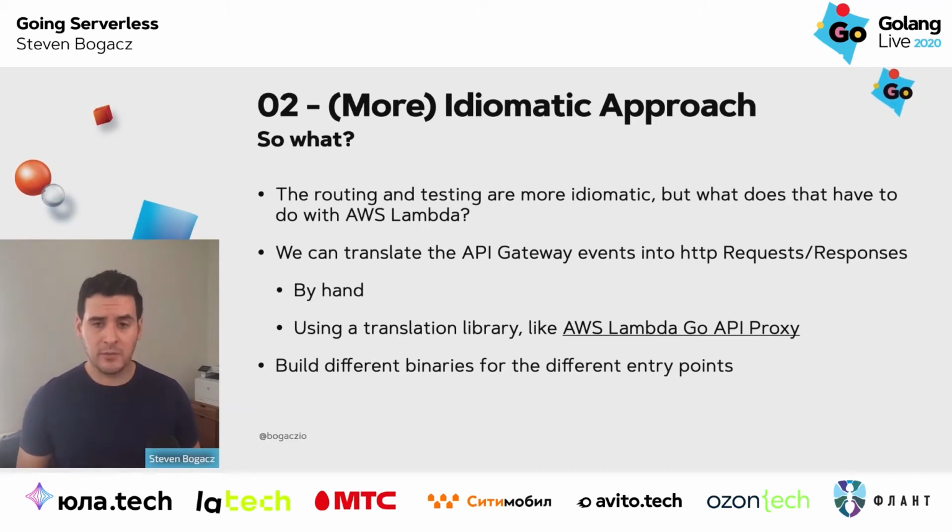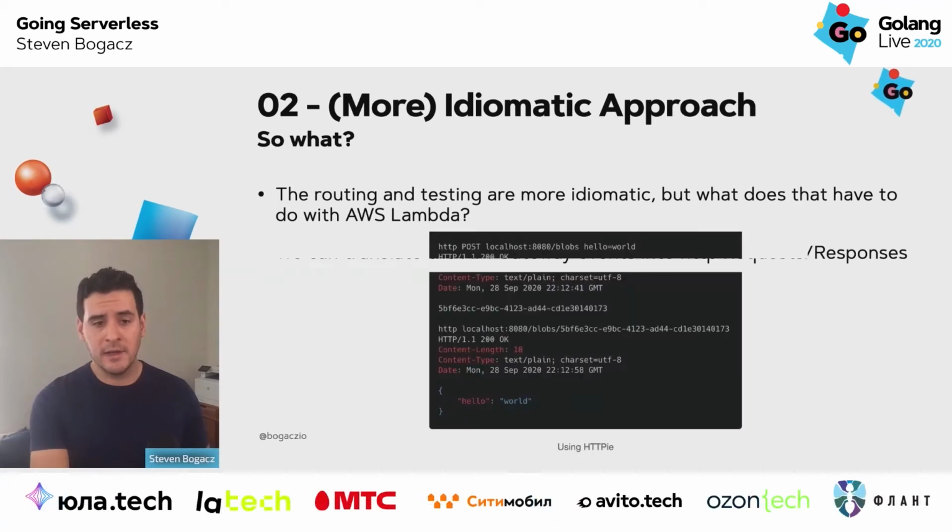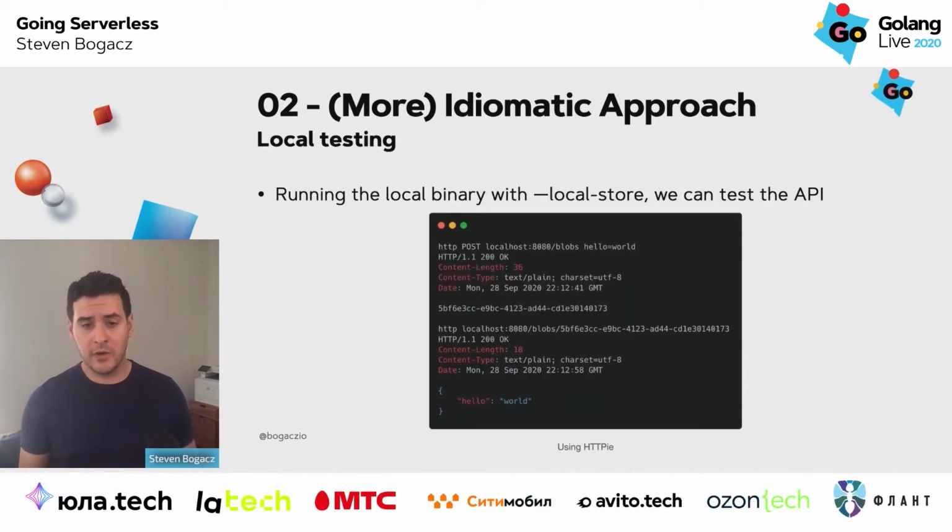As we already saw from our package layout, all the shared code is the same, but we're going to have two different entry points. One does the translation from HTTP to the API gateway specific objects, and another is just serving plain HTTP. This lets us spin up a local binary that can host and receive commands locally.